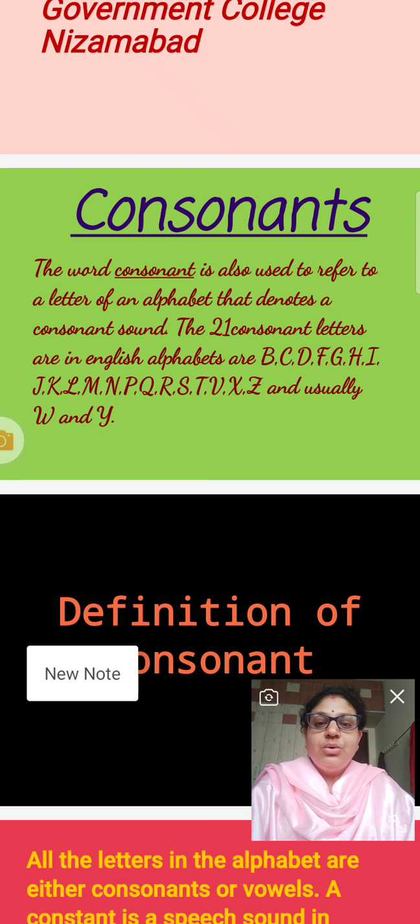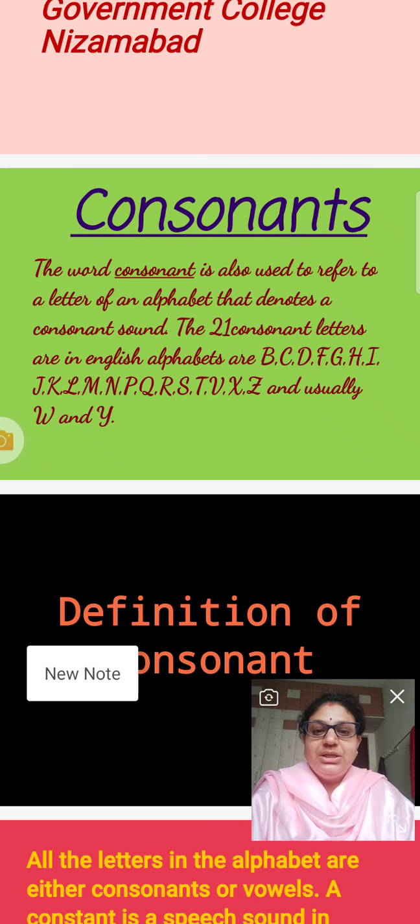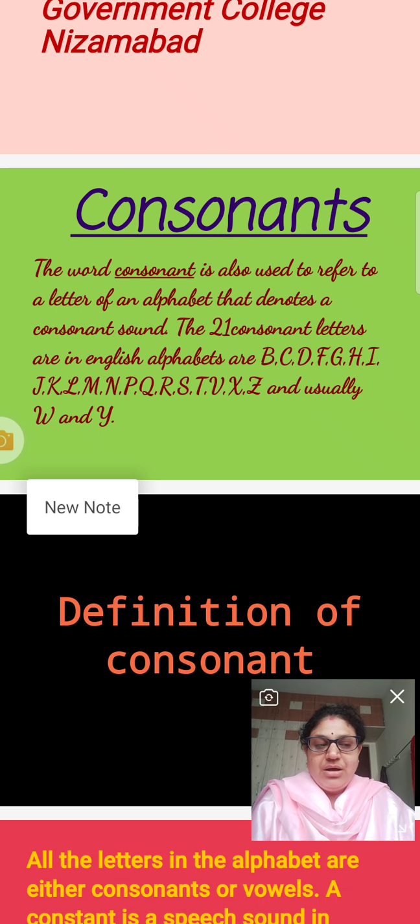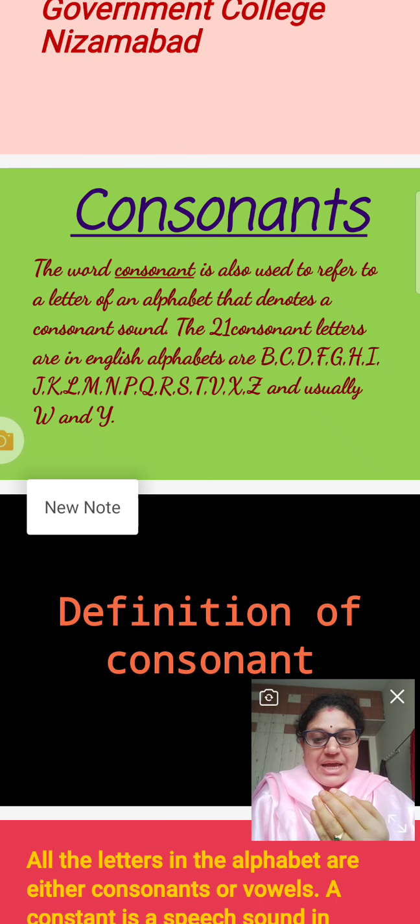The second example is the C. When you take the letter C, suppose cat, ka. You have to pronounce C as ka. Cat, cotton, cut, or class.